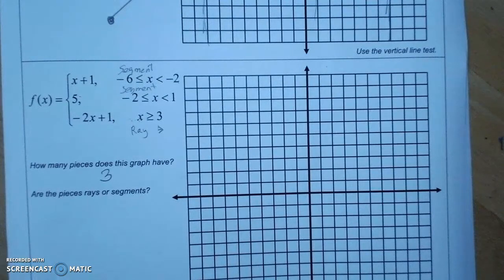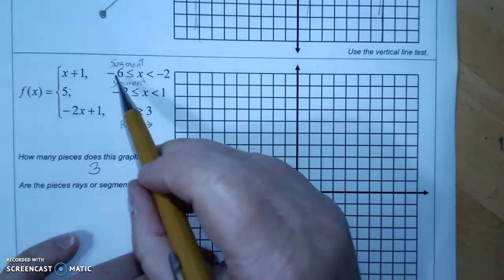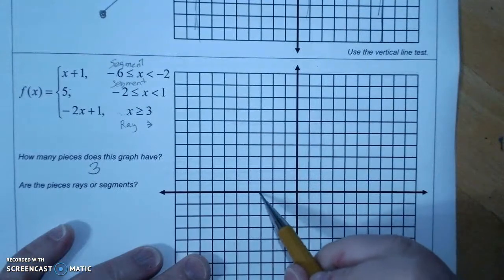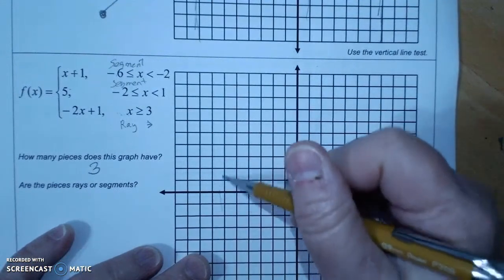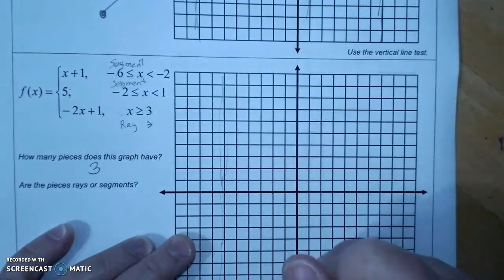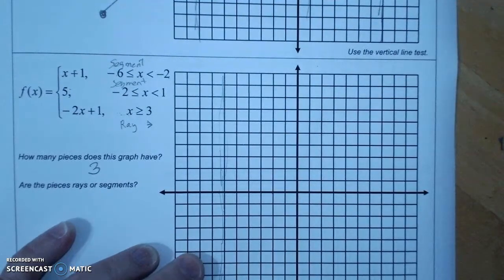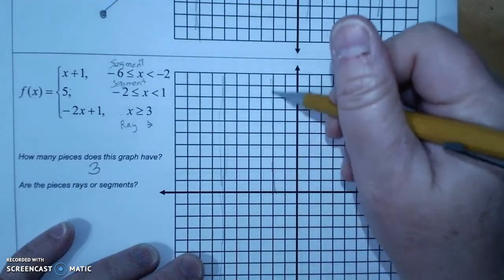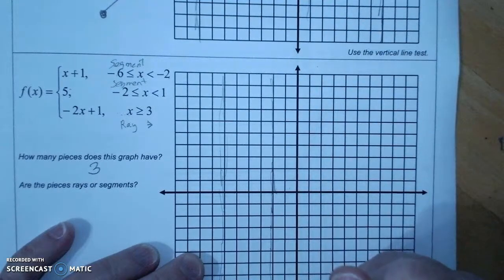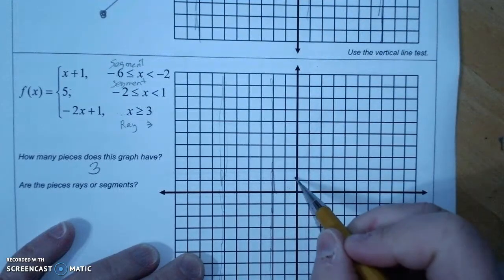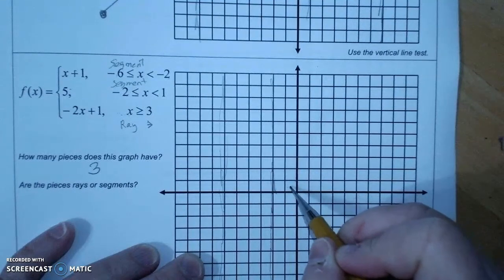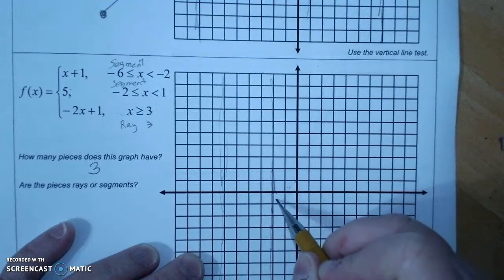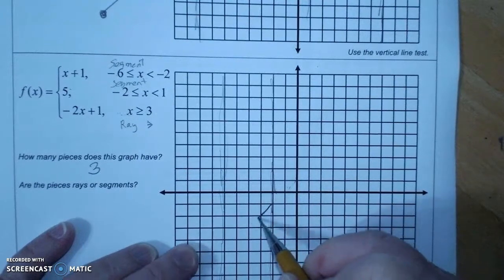I'm going to start with my domain. -6. 1, 2, 3, 4, 5, 6. I'll draw my little fence. You can erase the fences after, or you can leave them there. It doesn't bother me. To -2. So the first one is only going to be in there. And I'm at x plus 1, which would be here. And then it would go here.